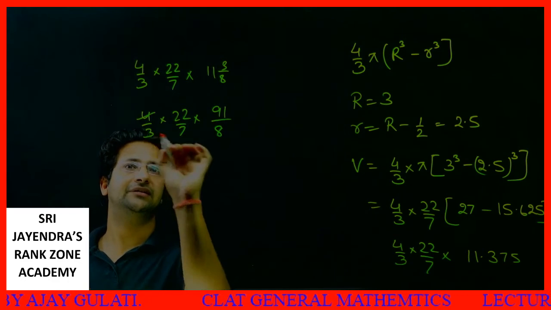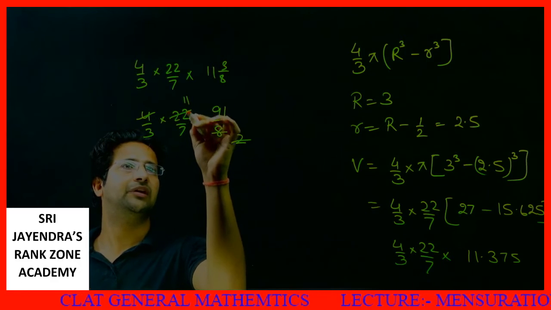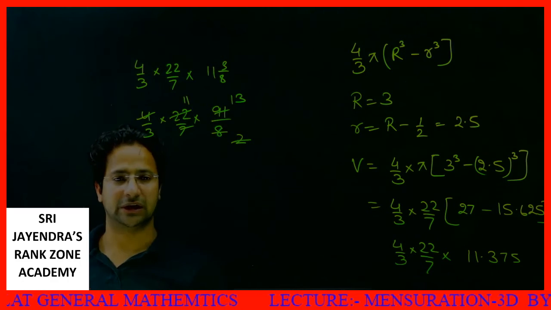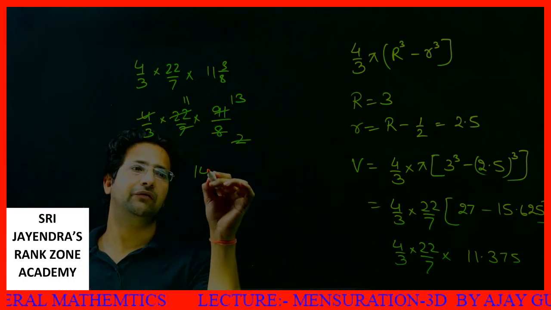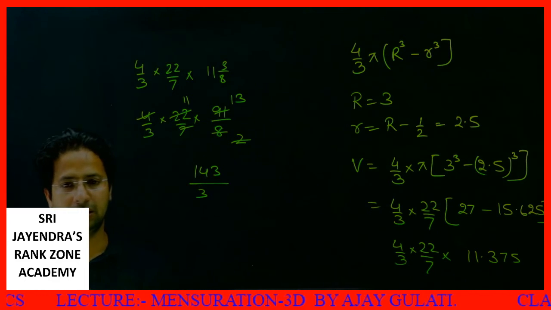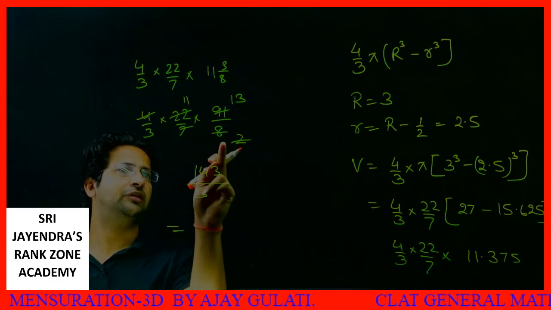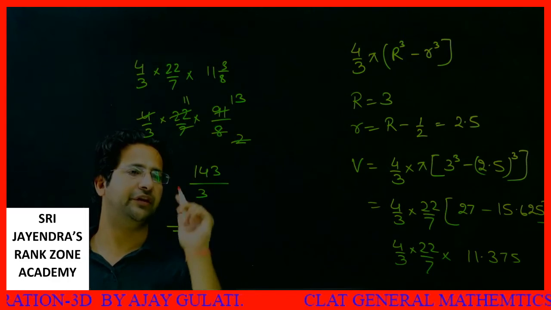Whatever we can cancel, just cancel. 7 and 91 cancel, 4 and 8 give 2. This becomes 11. This becomes 13. 11 into 13 is 143 divided by 3. I hope I'm not making any mistake. Yes, it's 143 by 3.